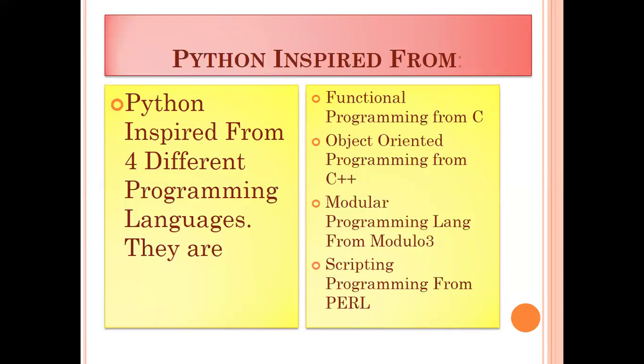Python has learned functional programming from C, object-oriented programming from C++, modular programming from Modula-3, and scripting programming from Perl. So it is inspired from four different programming languages. Now let's proceed with the features in detail.